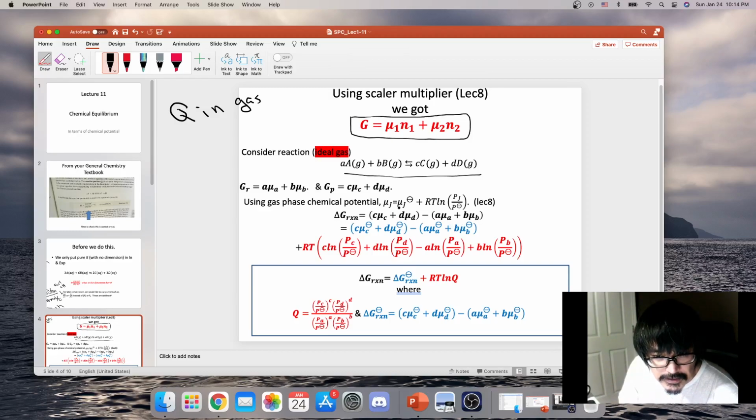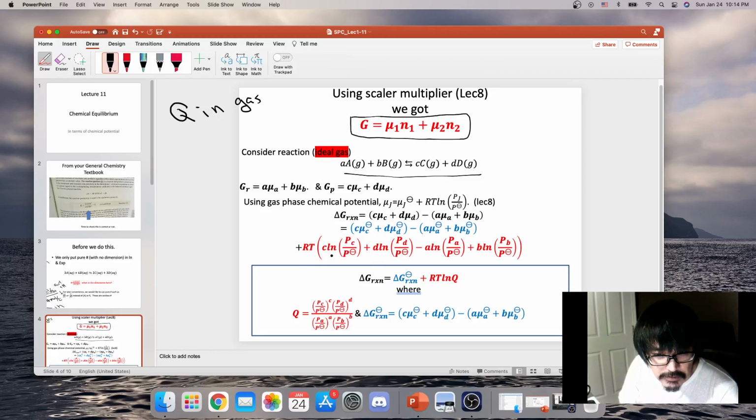But in the gas phase, every chemical potential can be written in terms of this guy right here. That's also coming from lecture 8. So we're going to substitute each one of these guys here. When you do, you have a front term, and then you have the rest of the stuff here.